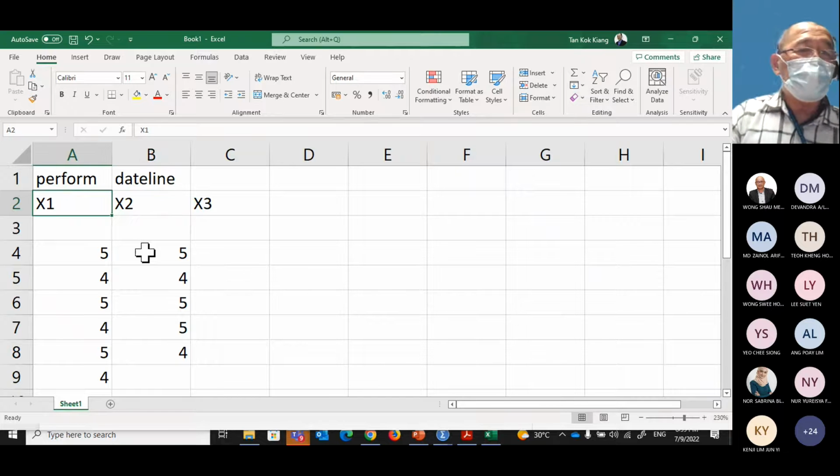These two things actually lead to commitment. It's linked to the commitment of the employee. So this employee should be high commitment.